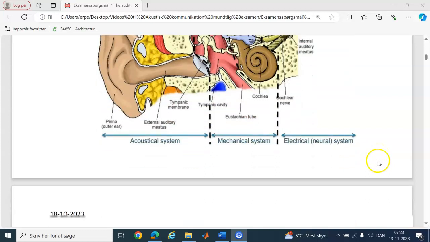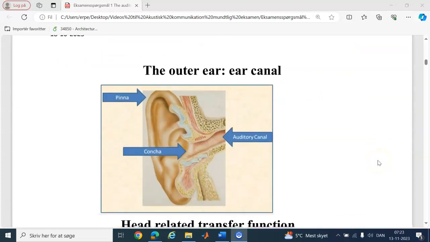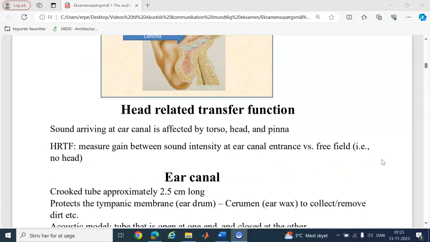And you have the outer ear, which I have talked about. There is the head-related transfer function. Sound arriving at the ear is affected by torso, head, and pinna.